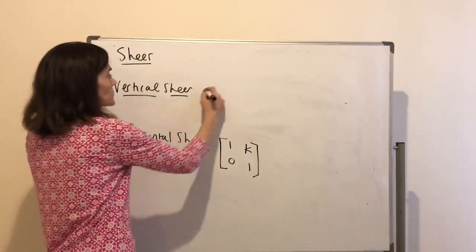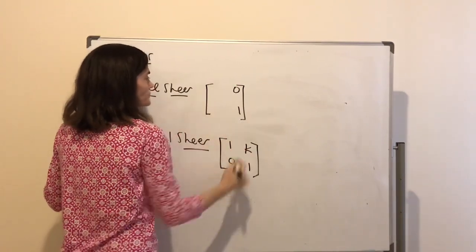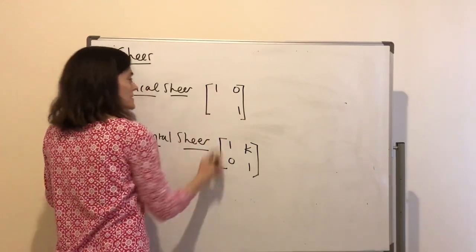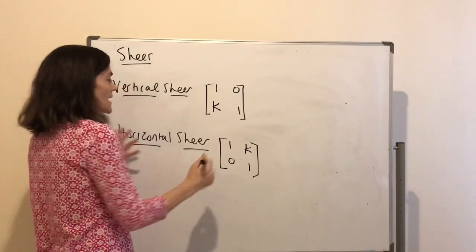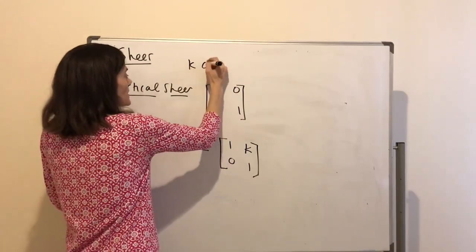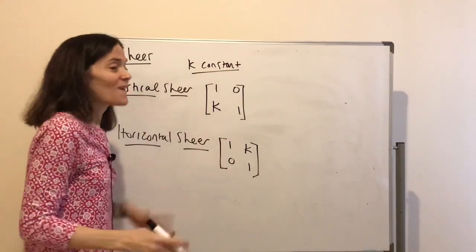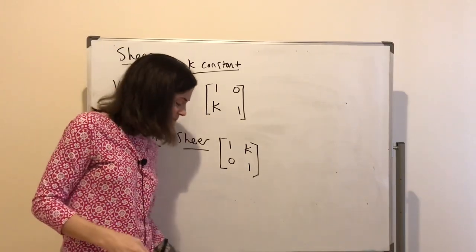And then the vertical shear would fix E2. And then E1 is going to be the same height, but be stretched vertically by some factor. And here, this is for K, a constant. These are the matrices that shear, as we just saw in that picture.